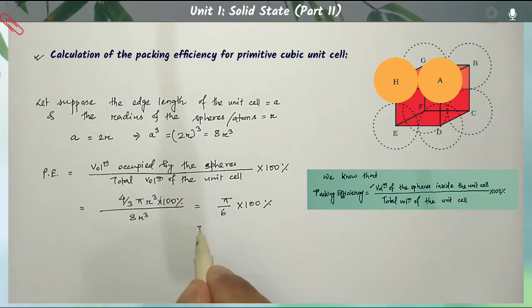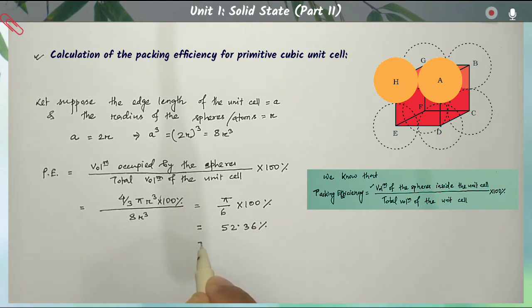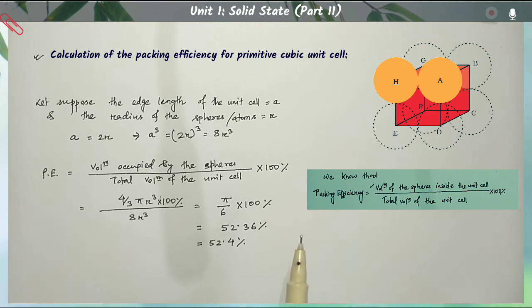If you calculate this one, you will get the value as 52.36%, which is almost equal to 52.4%. Understand? So we can conclude that only 52.4% of that unit cell is occupied by the atoms, and the remaining part of that cube will remain as a void.